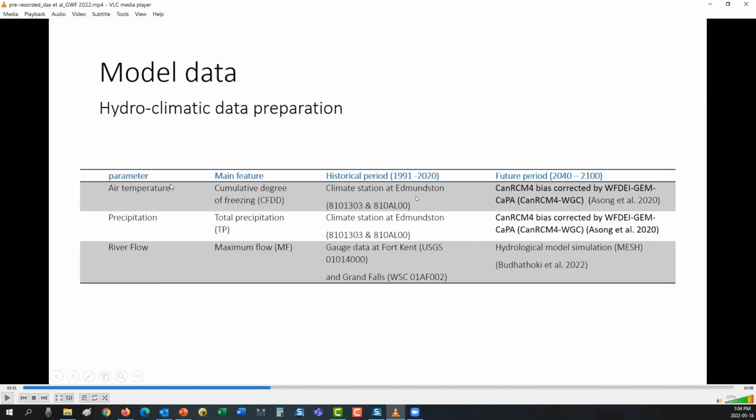Here are some of the data sets that we're using for the historical period, and also for the future period. Looking at these data sets, we were able to get some very nice results. If anybody wants that paper, Bharathoki et al. 2022, I can maybe put it in the chat afterwards if someone is interested.